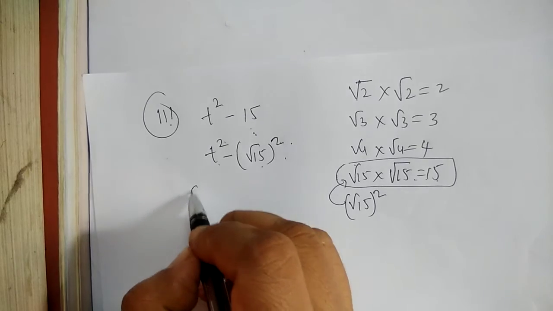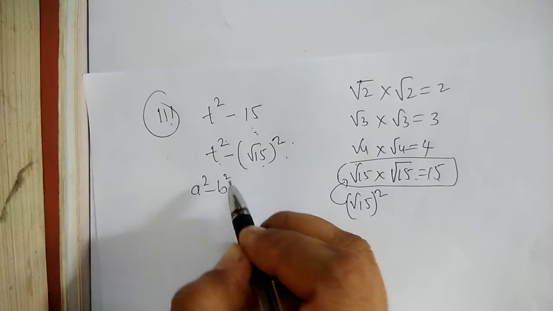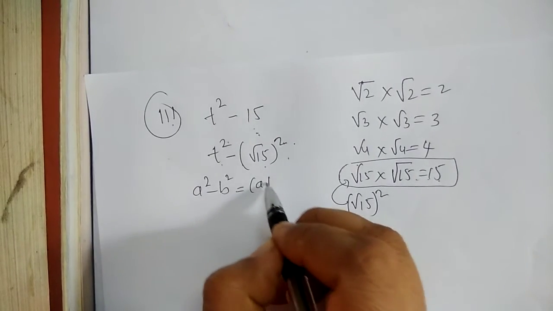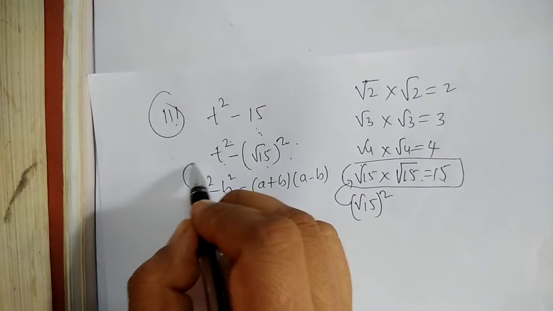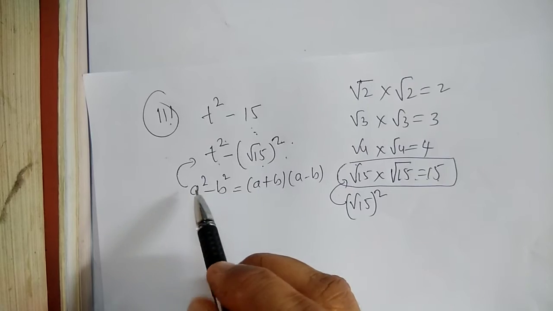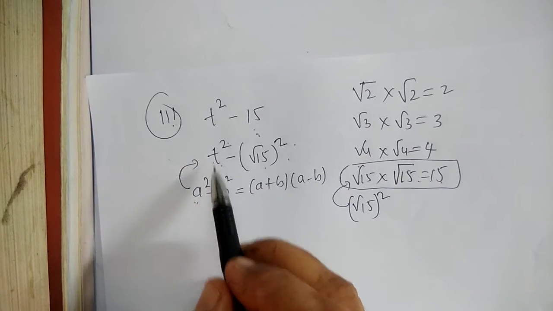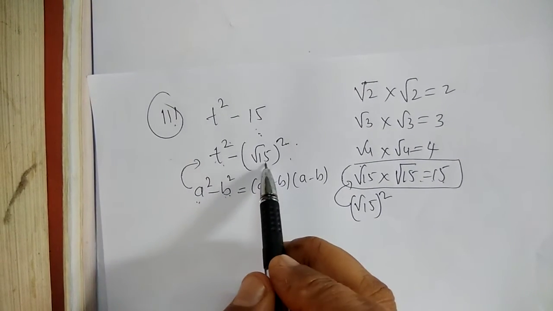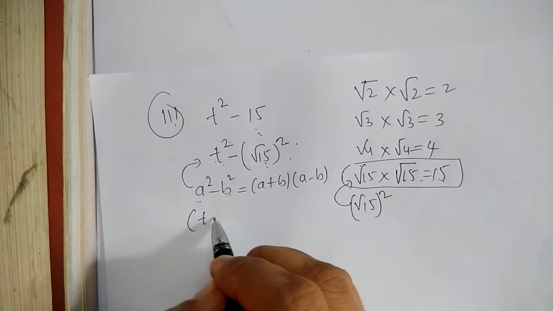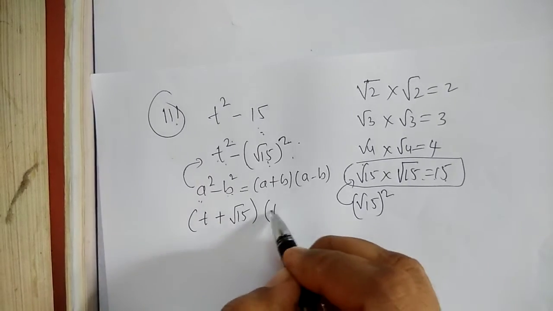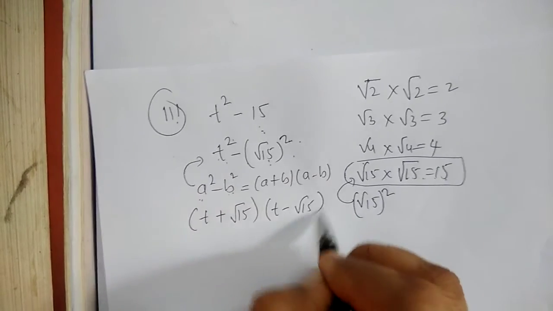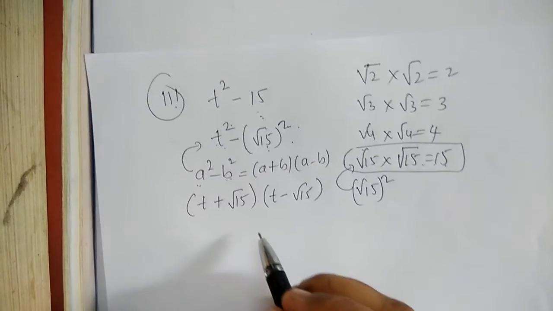So here a square minus b square is equal to a plus b, a minus b. Use this identity for this. If we compare, we can see that a is t and b is root 15. So we get here t plus root 15 and t minus root 15.